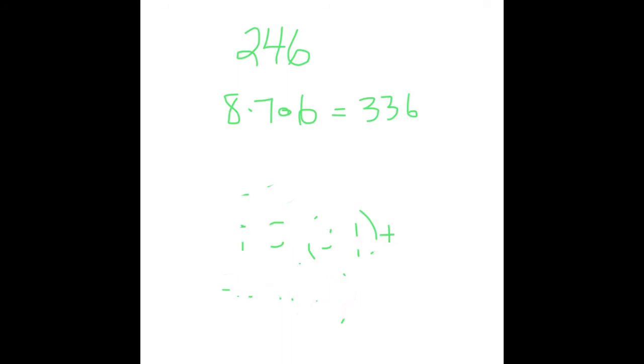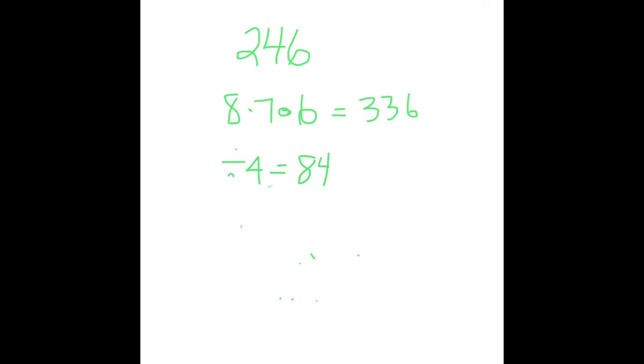Let's see. I'm going to keep with that 336. Let's take that 336 and divide it by 4. What is 336 divided by 4? Okay, so if I take that and divide by 4, I get 84.